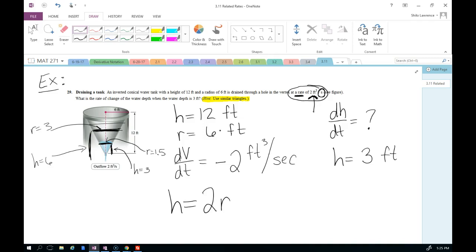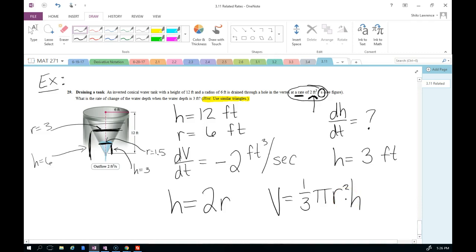Formula for volume of a cone is 1/3 pi r squared h. We know that h, our height, is always double the radius, but technically we want to keep height in the problem.